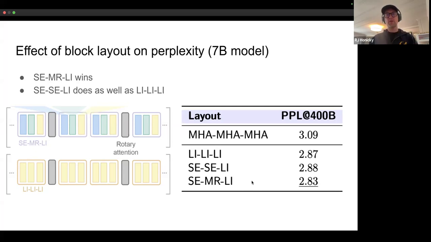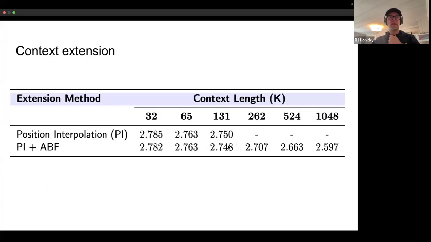For what it's worth, in this model, with this data, at this point in the training process, it's beating multi-head attention. Here's another place where I don't understand what this ABF positional embedding is. I stuck it in here in the hope that someone else would explain this slide.